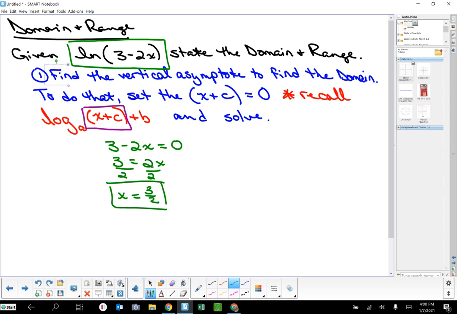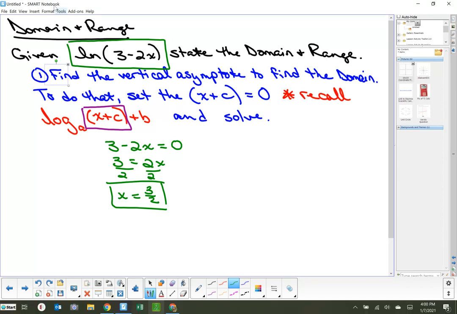And now what you're going to do is go to Desmos, and we are going to actually graph that function, 3 minus 2x. So let me throw my keyboard on here, and we will go do that.